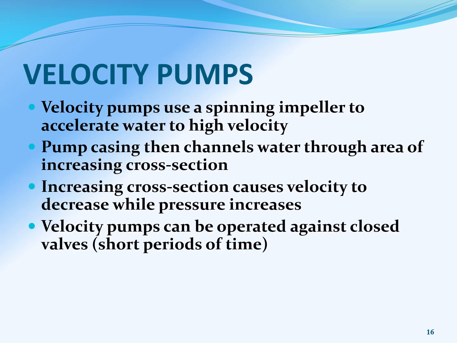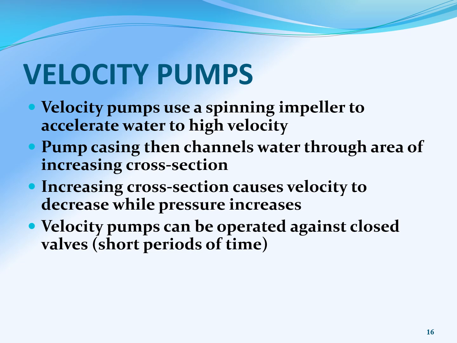So as that velocity pump spins that impeller, it accelerates the water to a high velocity, right? So if you don't already know, there's this inverse relationship between velocity and pressure, right? You either have a high velocity and low pressure, or you have a low velocity and high pressure. That's just the relationship between the two, right?